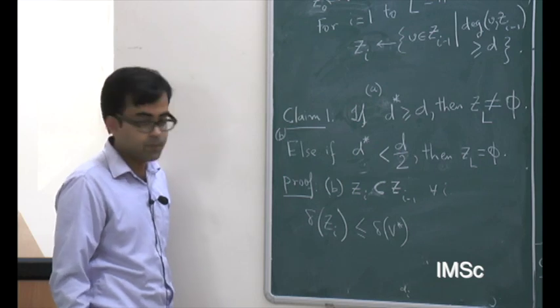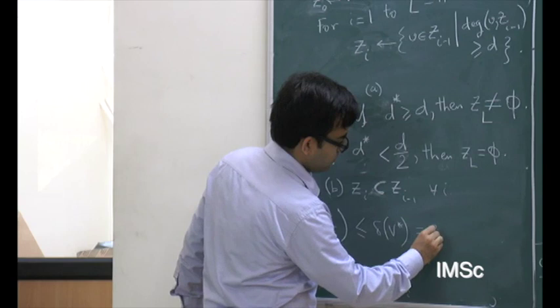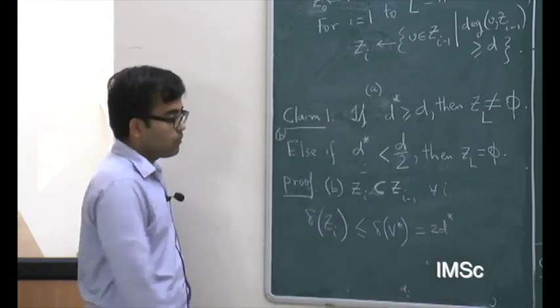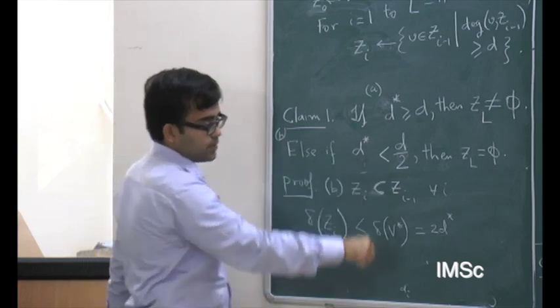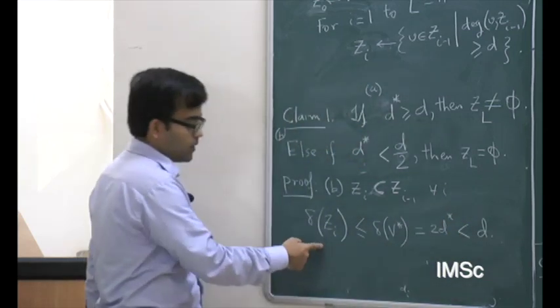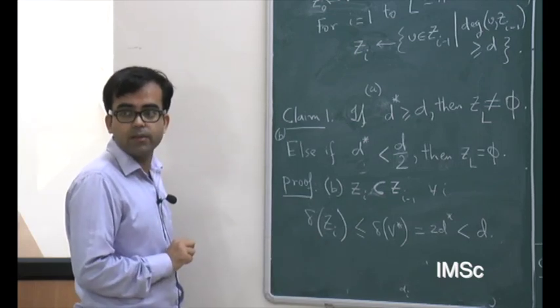By definition. What is the average degree of this optimum set? It's 2 times its density. What we have said, 2 times its density is less than D. So the average degree of Zi is strictly less than D.